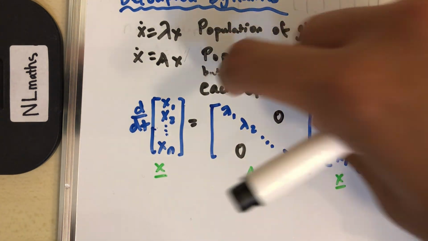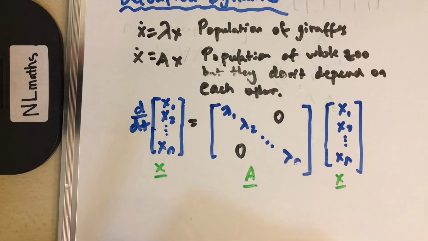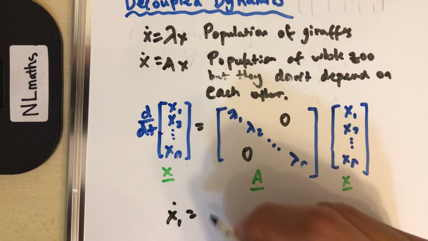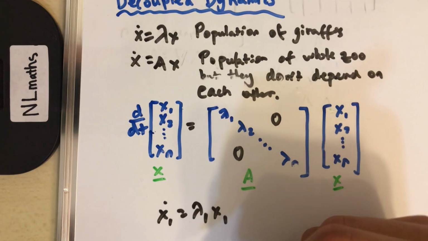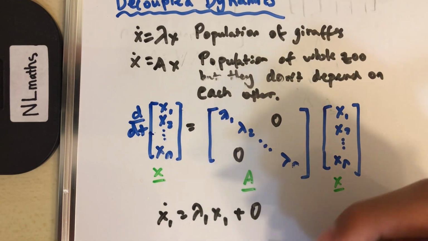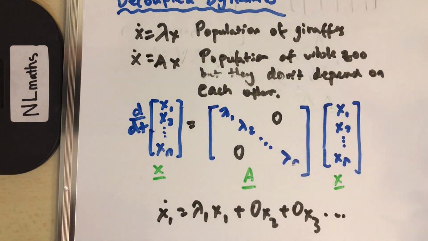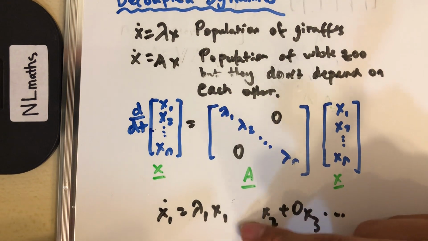Well, that's easy. We flip this over, and that'd be x1. So x1 dot equals lambda 1 times x1, plus 0 times x2 plus 0 times x3, etc. So these terms all go to 0.